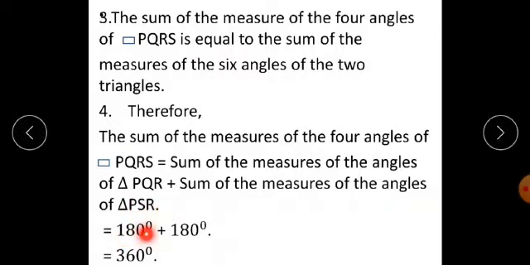But we know that each sum is equal to 180 degrees. Therefore, 180 degrees plus 180 degrees is equal to 360 degrees.